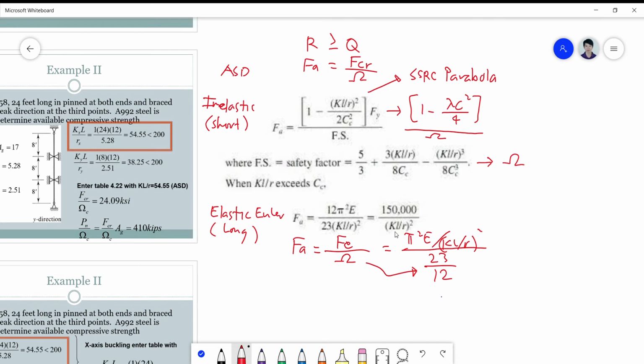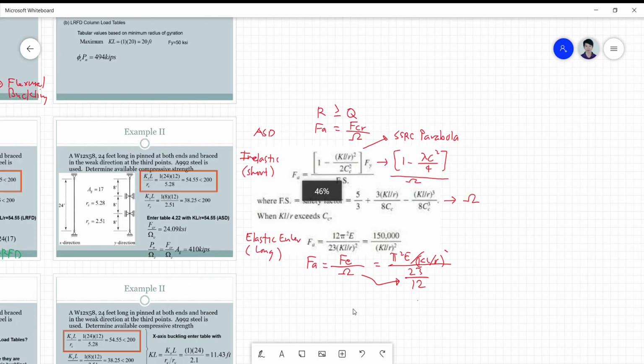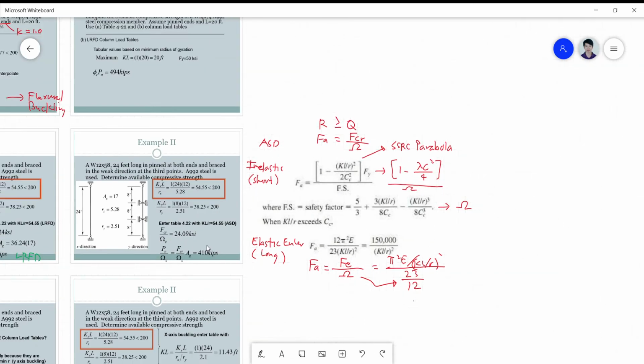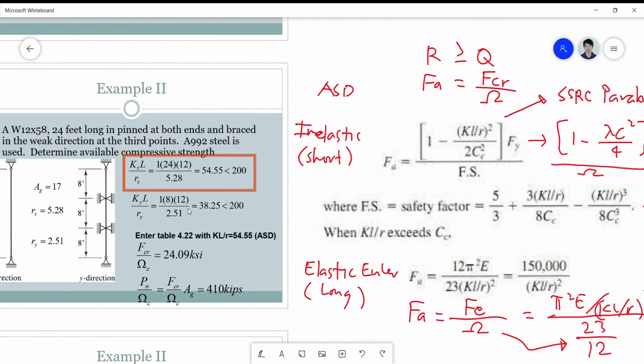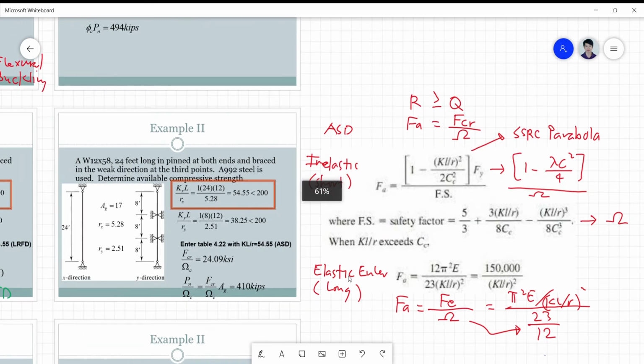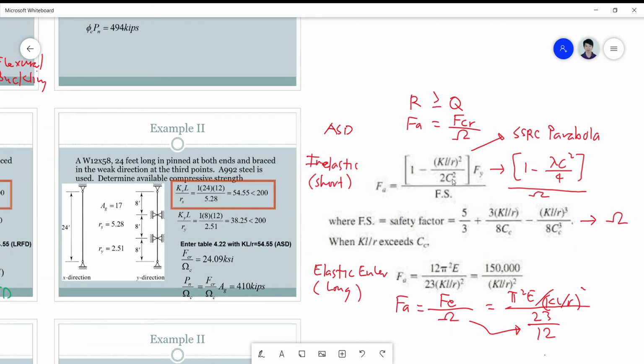So we simply take note that upon determining whether your column behaves in terms of inelastic buckling or elastic buckling, the next thing to do is just to plug in the value of KL over R and C sub C in this equation.